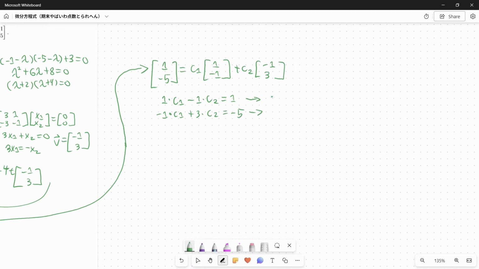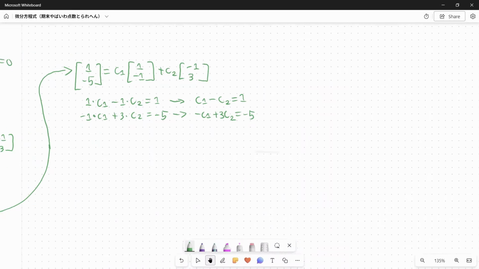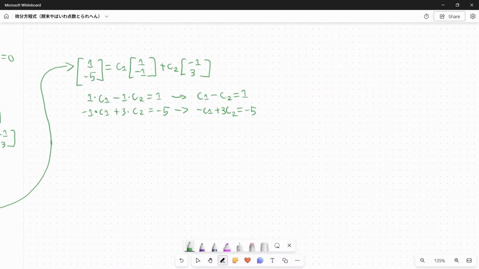These simplify to c sub 1 minus c sub 2 is equal to 1, and negative c sub 1 plus 3 c sub 2 is equal to negative 5. The first substitution I'm going to do, I'm going to say that c sub 1 is equal to 1 plus c sub 2, and let me put some arrows so you can see the direction I'm going in.